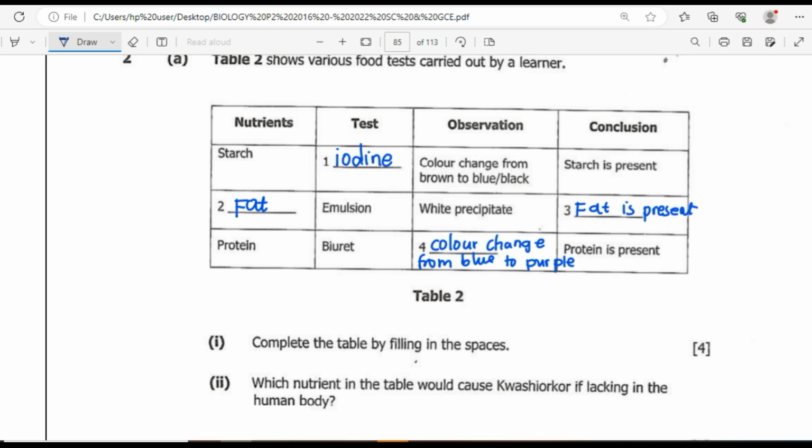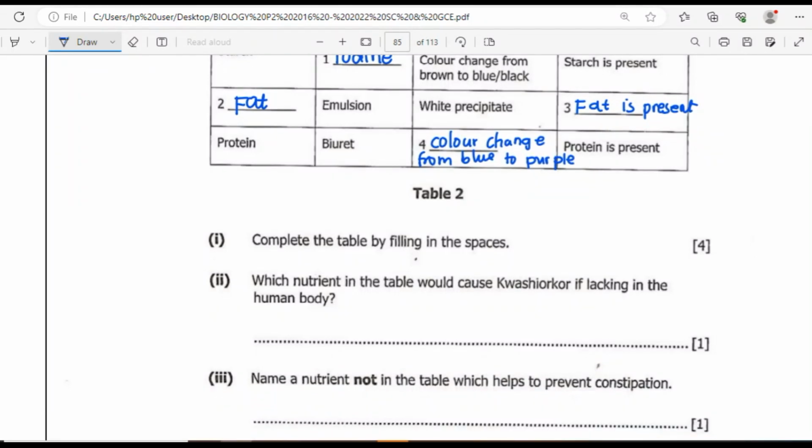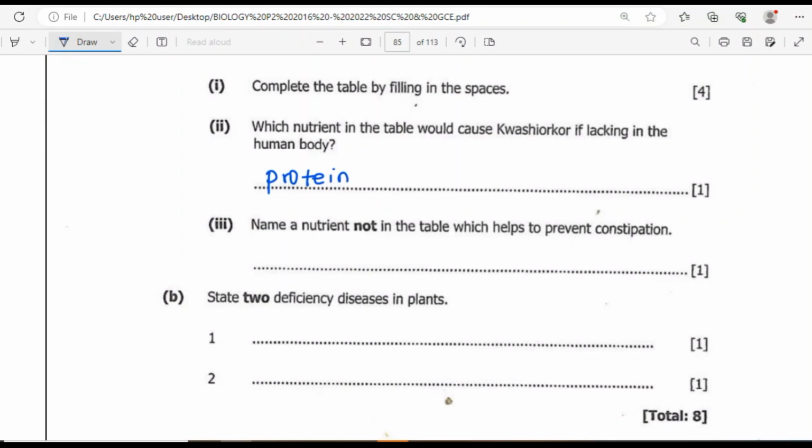So we have answered the first question, which is complete the table by filling in the spaces. Then which nutrient in the table would cause kwashiorkor if lacking in the human body? So you know that this is if especially in children, lacking of protein may result in kwashiorkor. Then name a nutrient not in the table which helps to prevent constipation. So it's roughage.